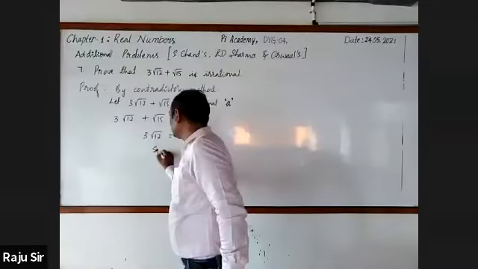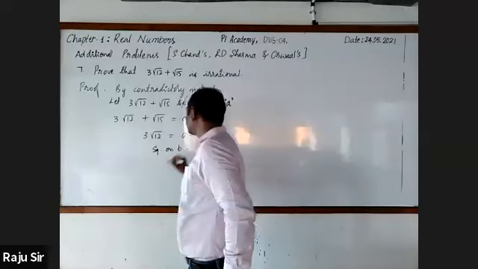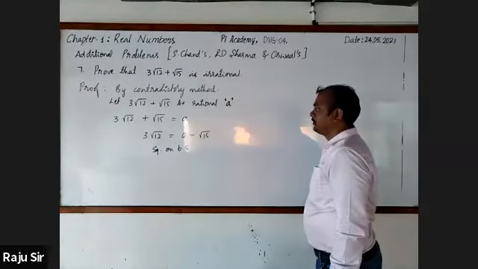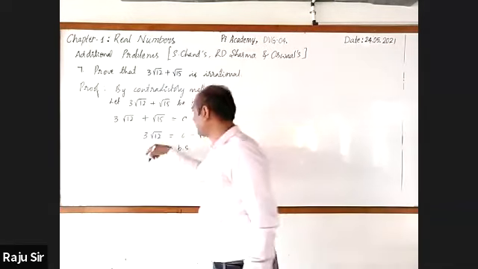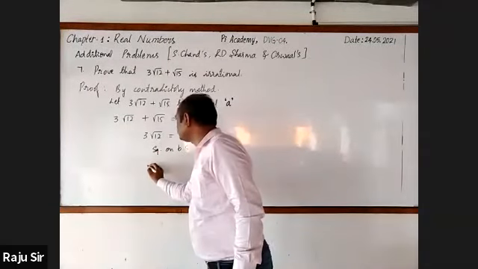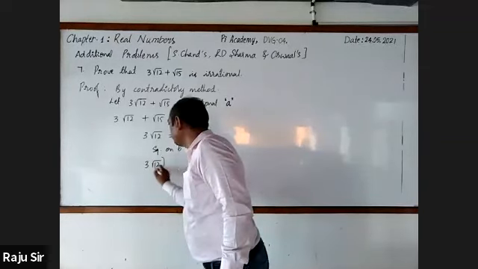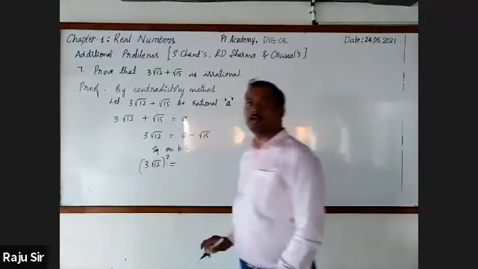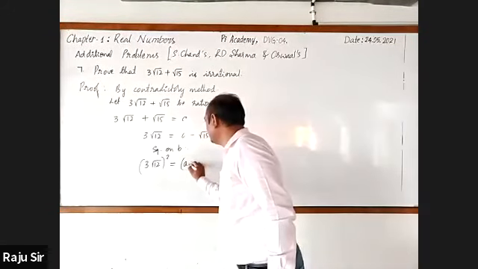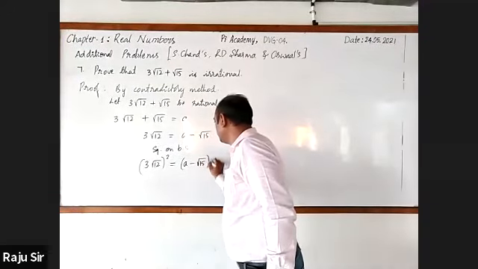Go for squaring on both the sides. Then 3 into root 12 whole square is equal to a minus root 15 whole square.